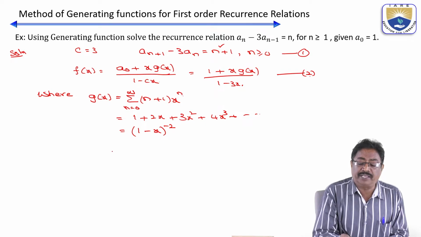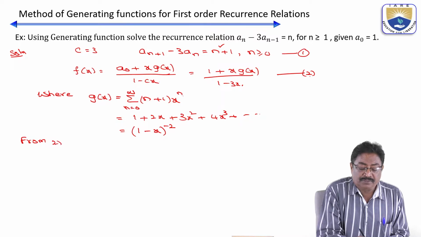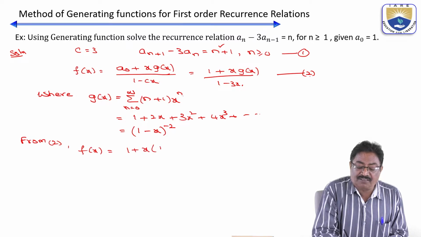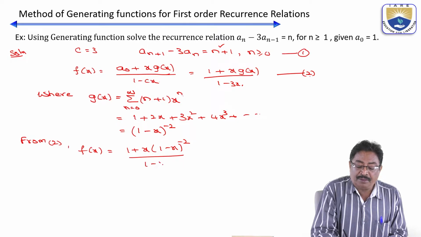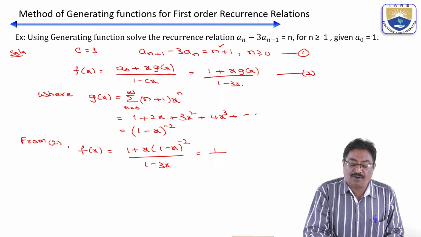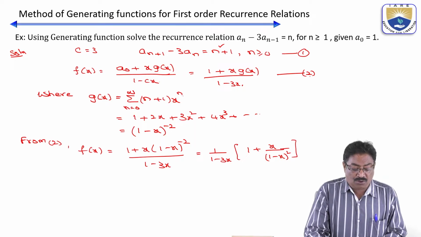So I am just substituting in equation 2. From equation 2, I am going to write f of x as 1 plus x into 1 minus x whole to the power of minus 2 by 1 minus 3x. Now this is 1 by 1 minus 3x into 1 plus x by 1 minus x whole square.